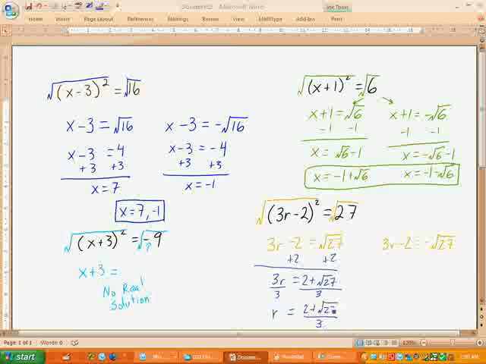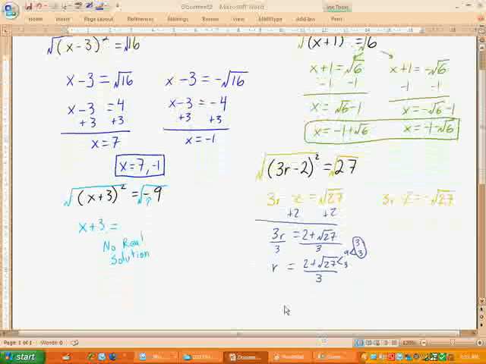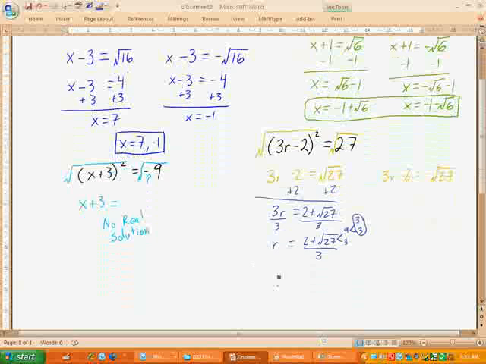Now hopefully you notice that this root of 27 can be simplified. That's 9 times 3, and 9 is 3 times 3, which means I've got a pair of 3s there. So when I write my final answer, it's going to be r = (2 + 3 root 3) all over 3. Now I've got to solve this one as well.